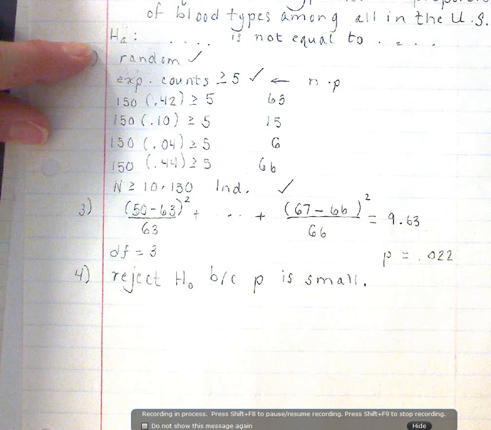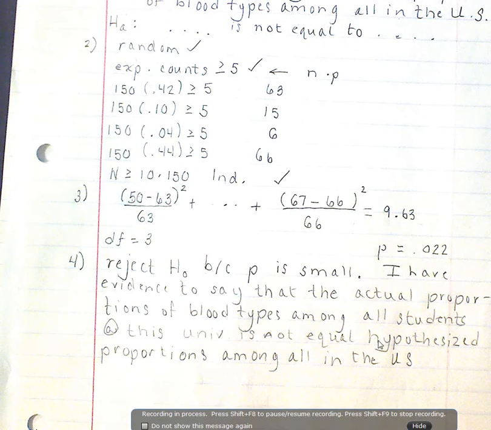So I have evidence to say that the actual proportions of blood types among all students at this university is not equal to the hypothesized proportions of all U.S. people.